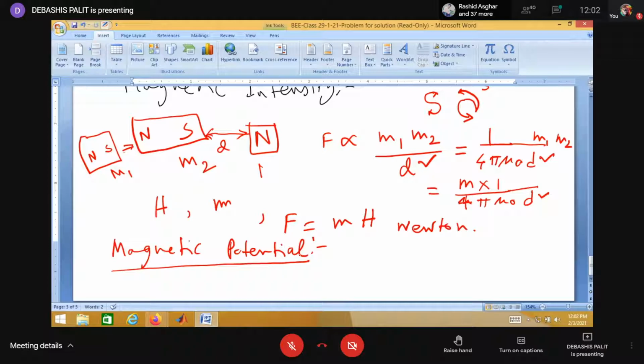Just like that, magnetic potential is the work done for carrying a unit north pole from infinity to that point.